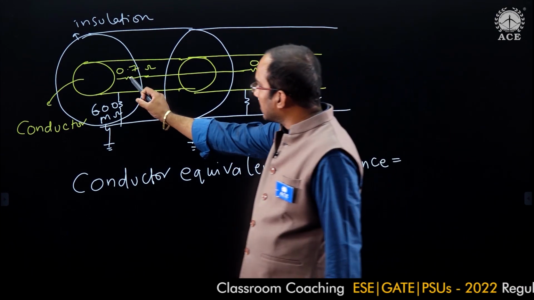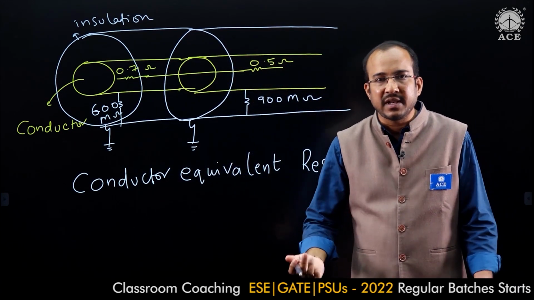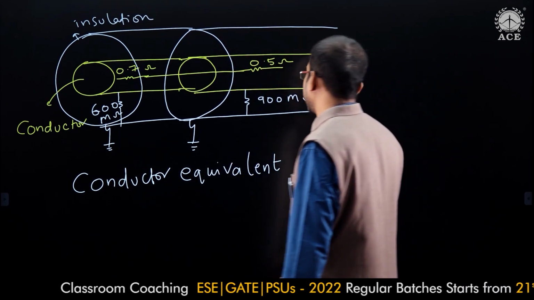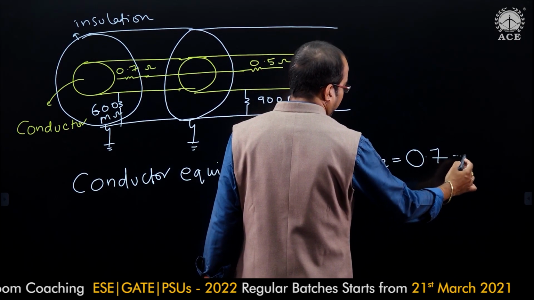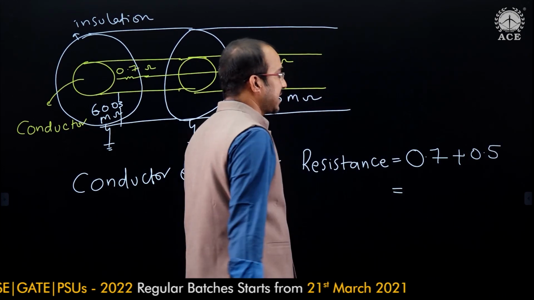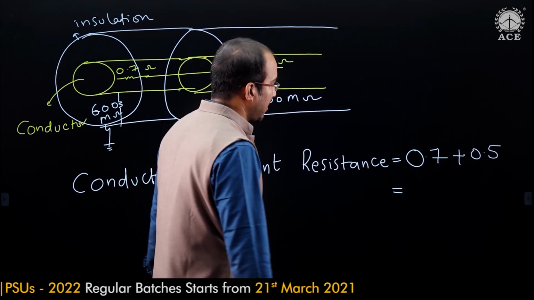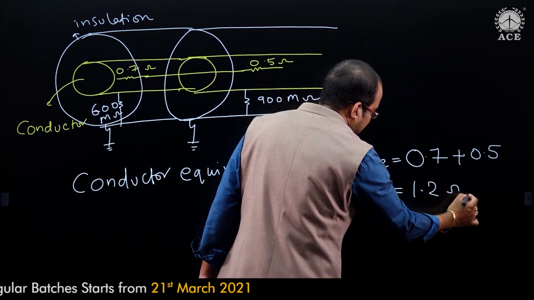If you observe, this 0.7 ohm and 0.5 ohm are connected in series. So, the equivalent resistance is nothing but 0.7 plus 0.5. So, the equivalent conductor resistance will be how much? 1.2 ohms.